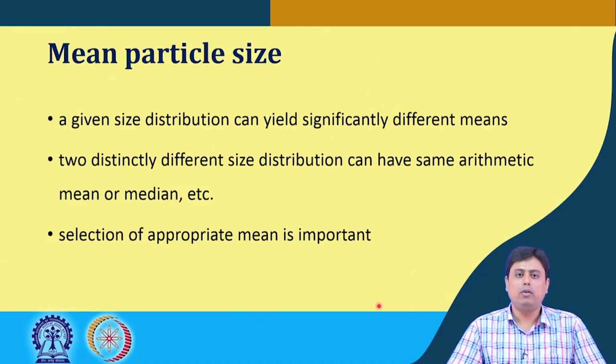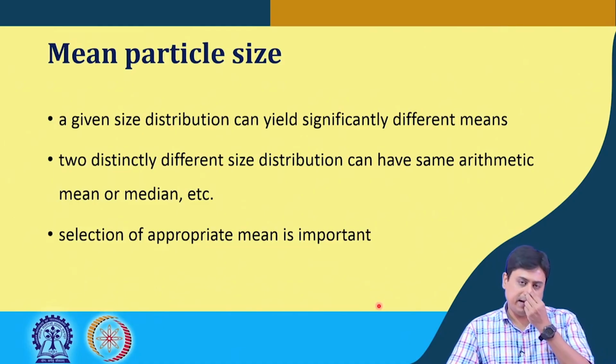For example, for a given size distribution, you may find that its arithmetic mean is x1, geometric mean is x2, and harmonic mean is x3, and these are distinctly different values. This can happen, and two different size distributions can have the same arithmetic mean or median.